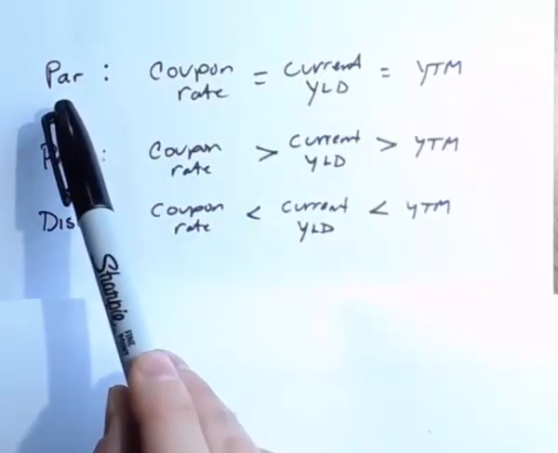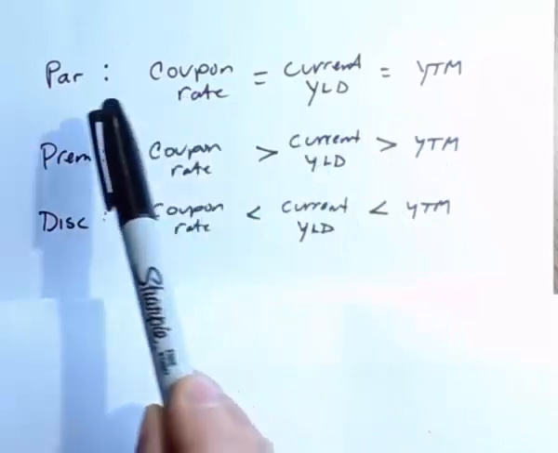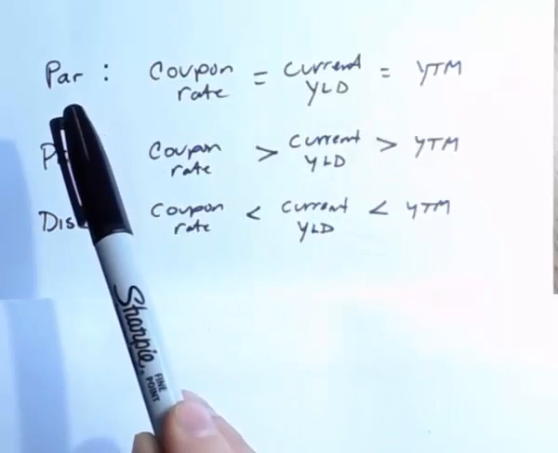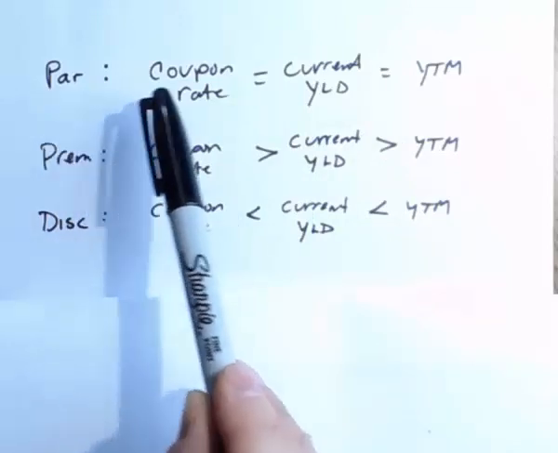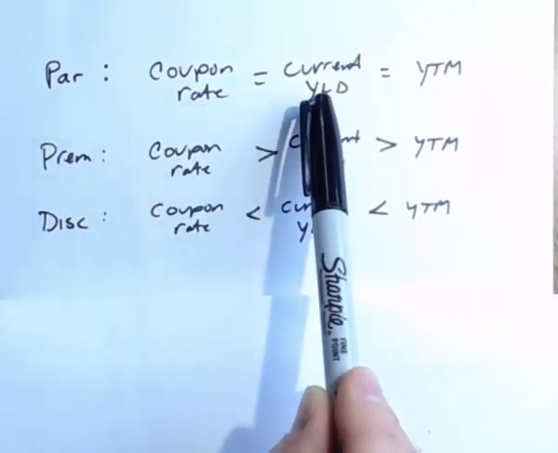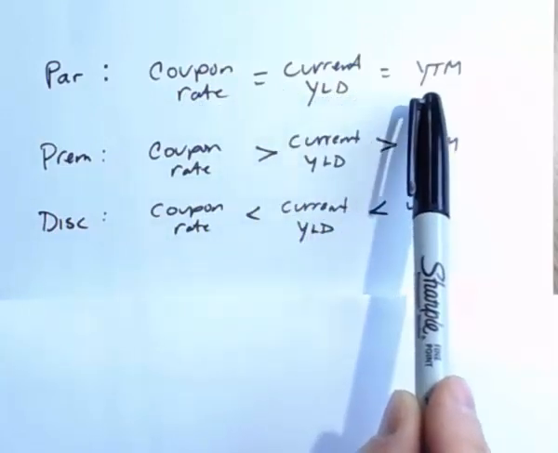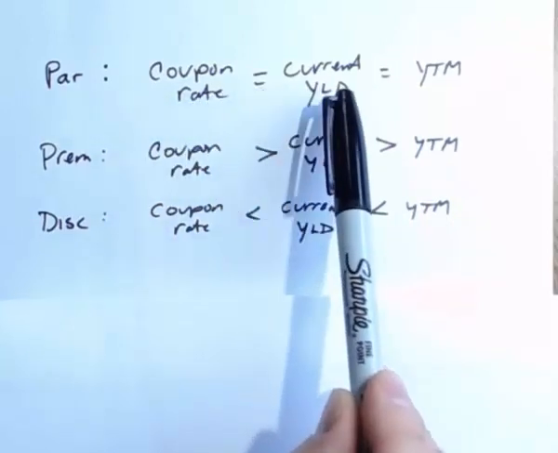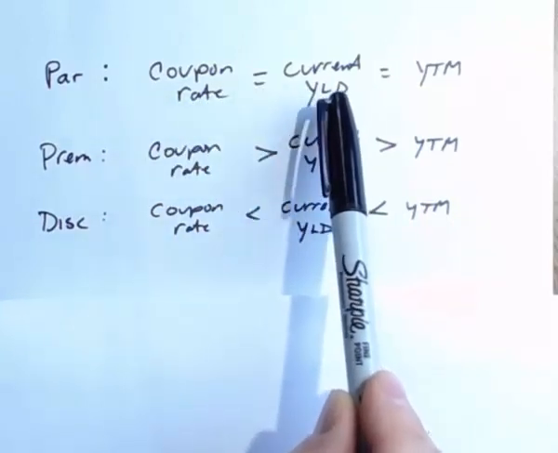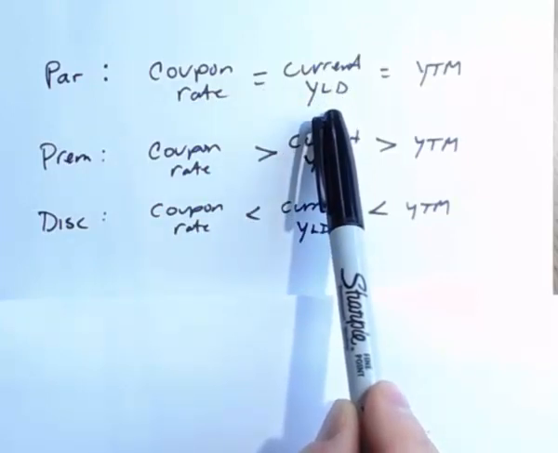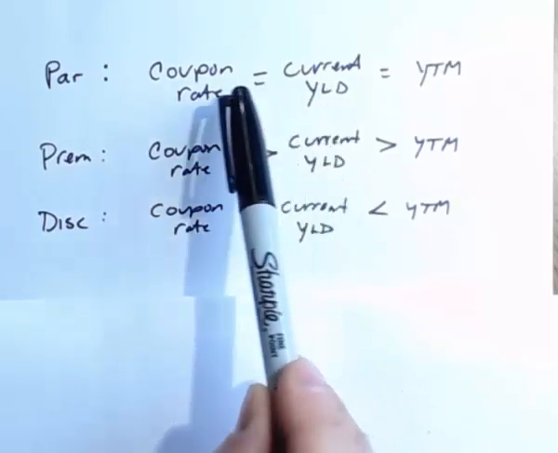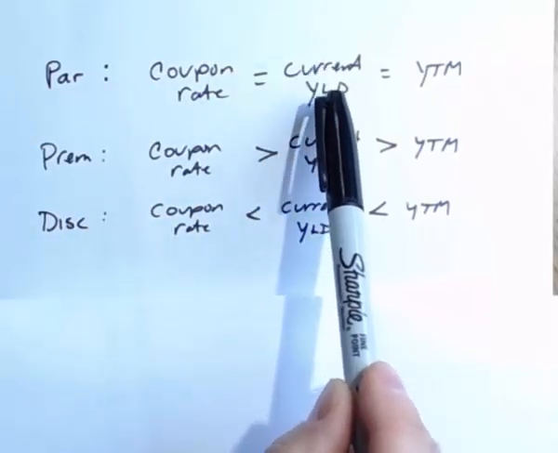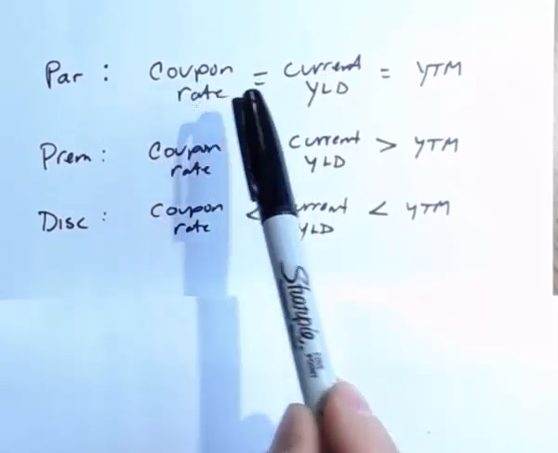When a bond trades at par, you anchor on this scenario first. In other words, it's a $1,000 bond that trades at $1,000. That means its coupon rate will equal its current yield, which will equal its yield to maturity. The coupon rate is typically specified for a bond. The current yield is simply the annual coupon payment divided by the price. Since the bond trades at par, the price is $1,000, so it's the annual coupon divided by the price, which is the same as how the coupon rate is defined.